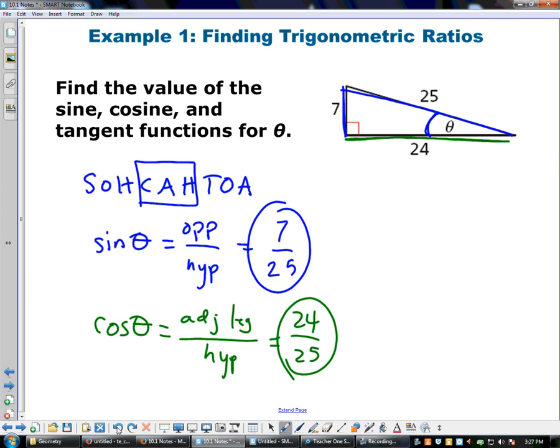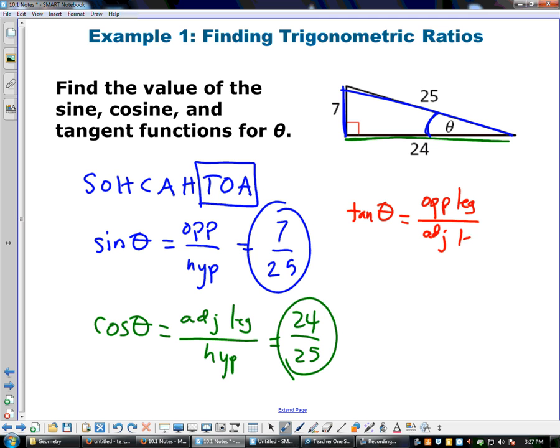And lastly, if we want to find the tangent of angle theta, now we're talking about the TOA part of SOHCAHTOA. So the tangent is opposite leg over the adjacent leg. In this case, the opposite leg is that 7 right here, and the adjacent leg is the 24, so it's going to be 7 over 24.